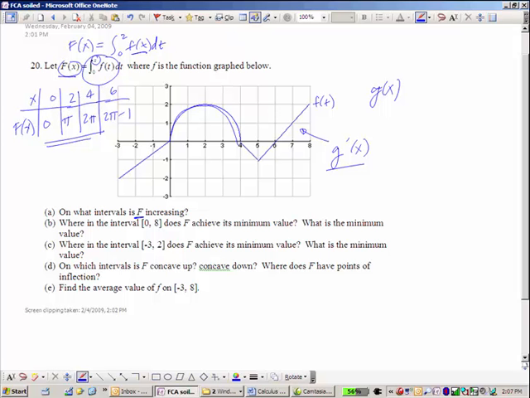So, all right, now that we understand the question, on what intervals is capital F increasing? Be careful. And you can actually think about this first or second semester. You choose. Gabby, you want to tell me when you think capital F of x would be increasing? From 0 to 4.